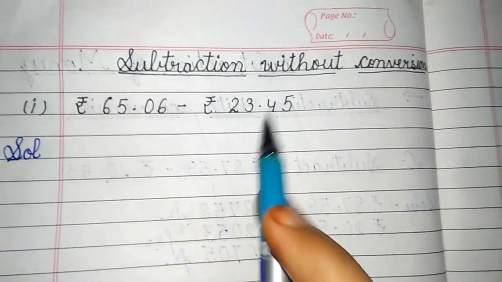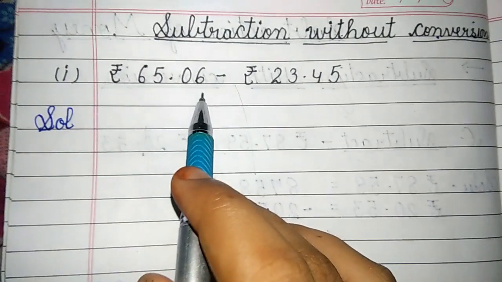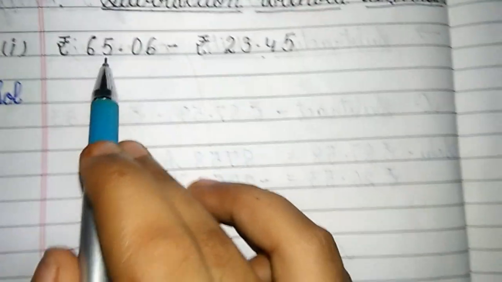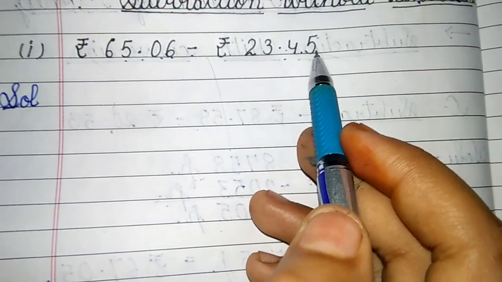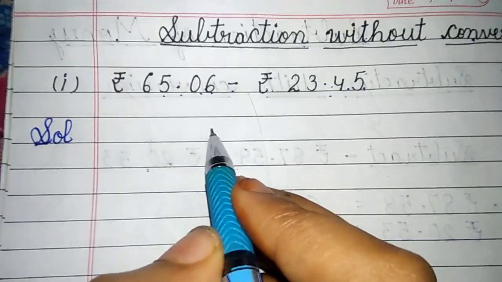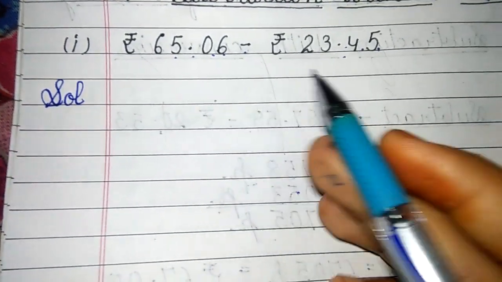Now the second method, subtraction without conversion. Let us take one example. Rupees 65.06 minus rupees 23.45. In this, first of all, we will make columns of rupees and paise.